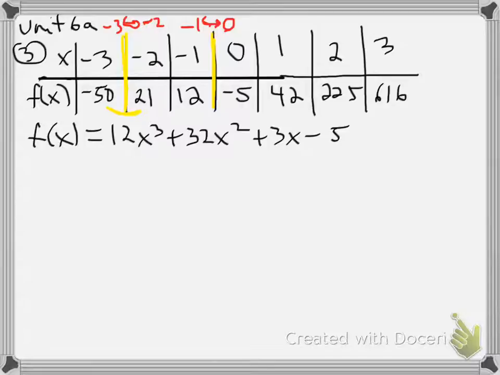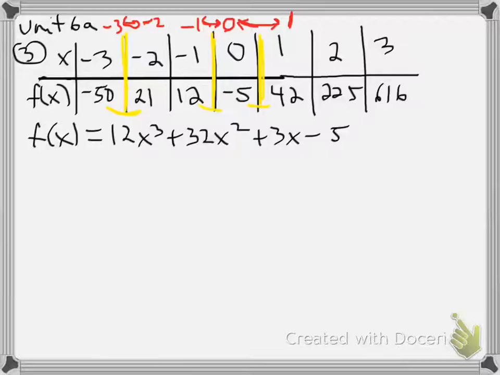And then it does it again right here between those two. So again, you have another one that goes from 0 to 1.